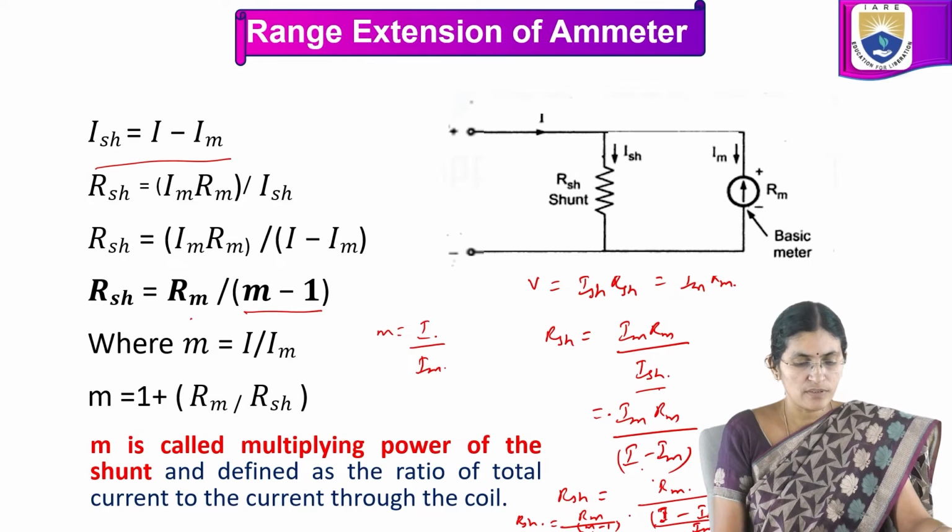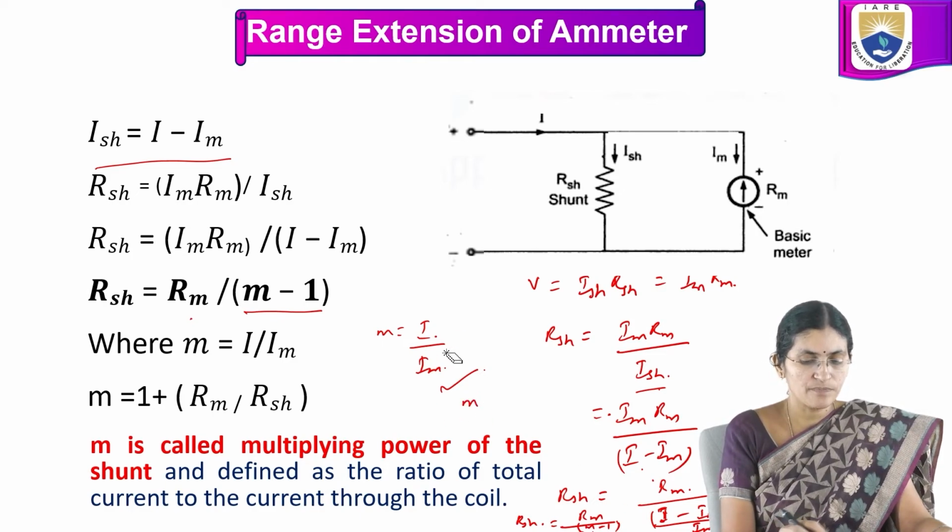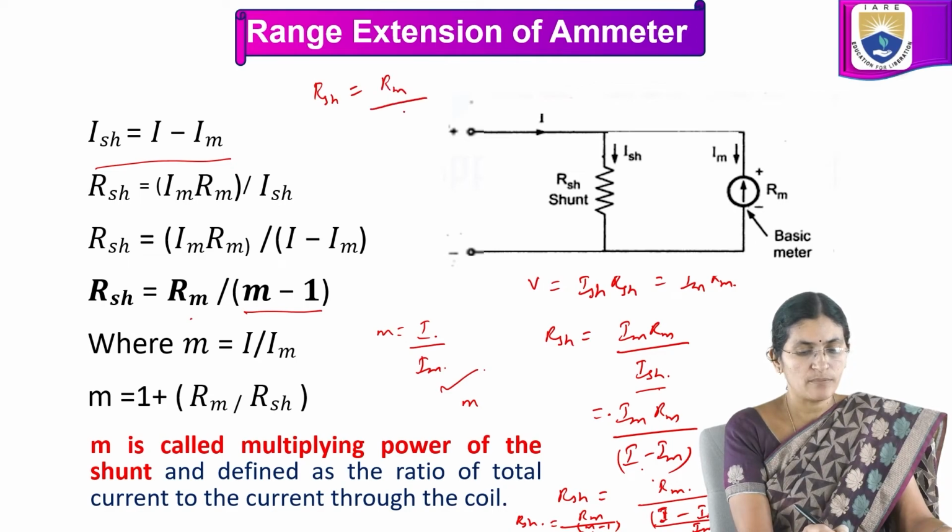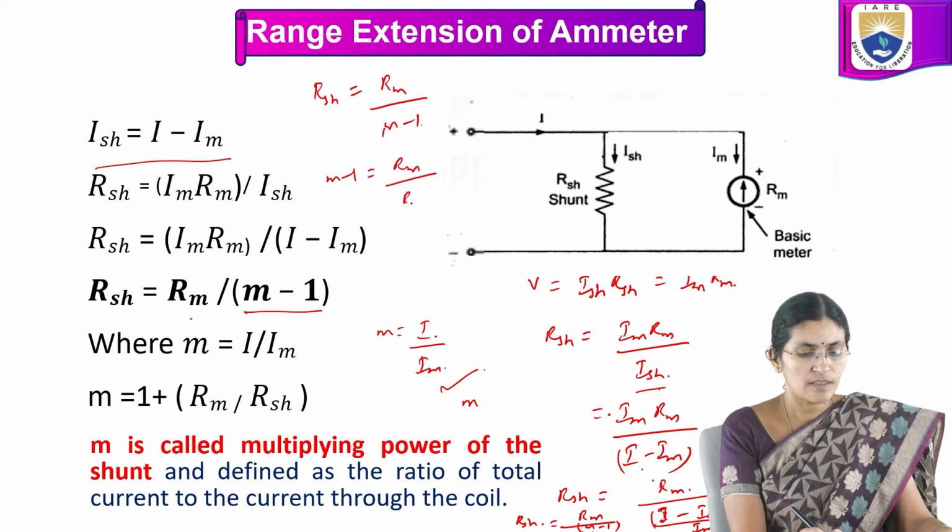RSH is equal to M minus RM divided by M minus 1, where M is equal to I by IM. And again we can write, from this, RSH is equal to RM by M minus 1. So from this we can write M minus 1 is equal to RM by RSH.